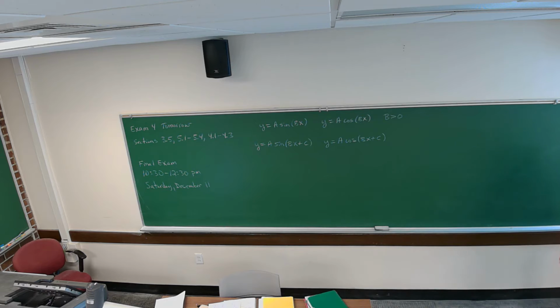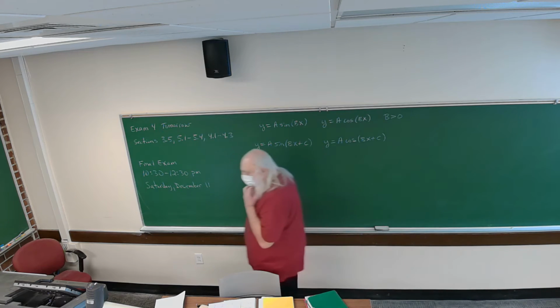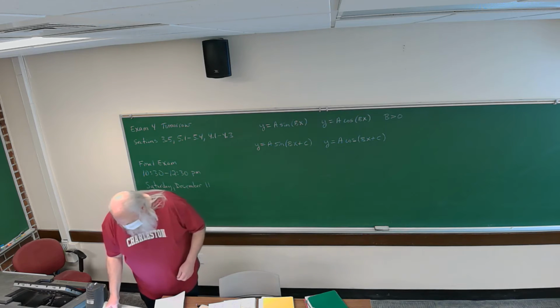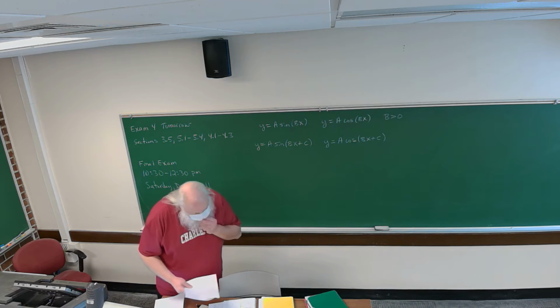In this case, the phase shift was either plus pi over 2 radians or minus pi over 2 radians. So we're going to learn how to graph transformed sine and cosine functions with a phase shift.